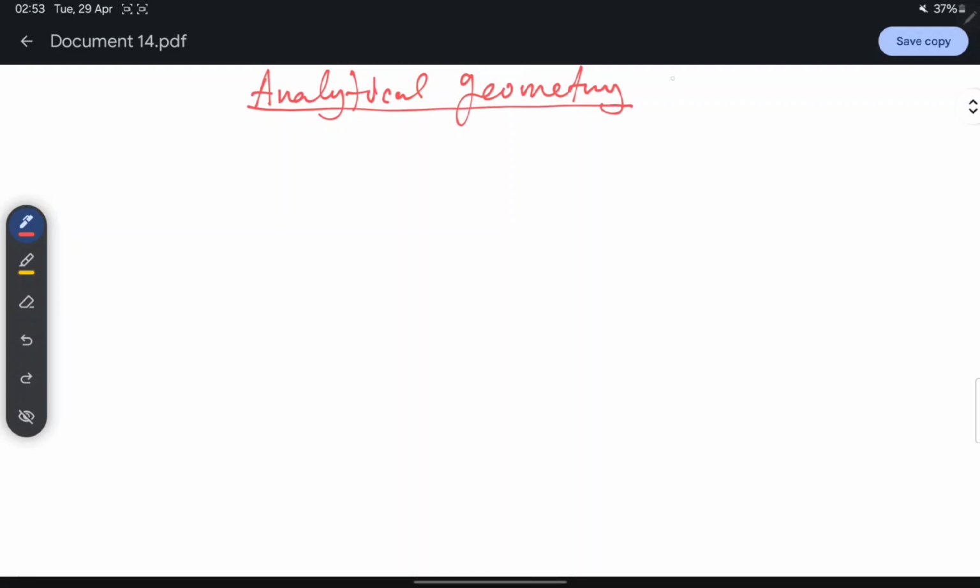You will find analytical geometry on question 3 of your paper 2, which has 20 marks. We are going to do analytical geometry 1, which is more like grade 11 revision.